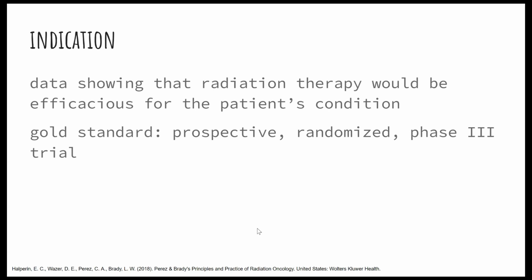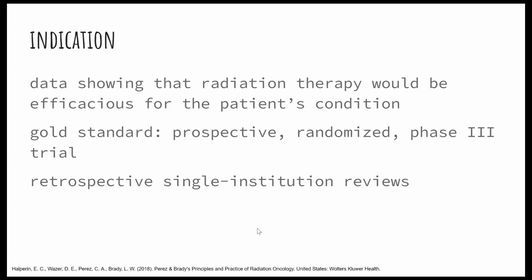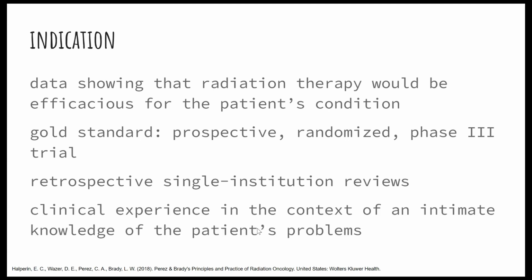But they are not always available, specifically for rarer conditions. So, a retrospective single institution review can also support you. And then, something which is very important is your clinical experience and the knowledge of the patient's problems, the logistics, age, comorbidities. There are many factors at play.